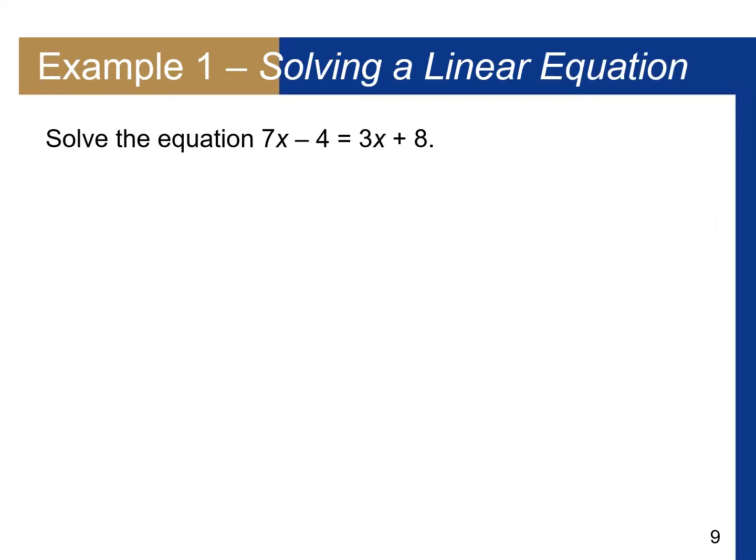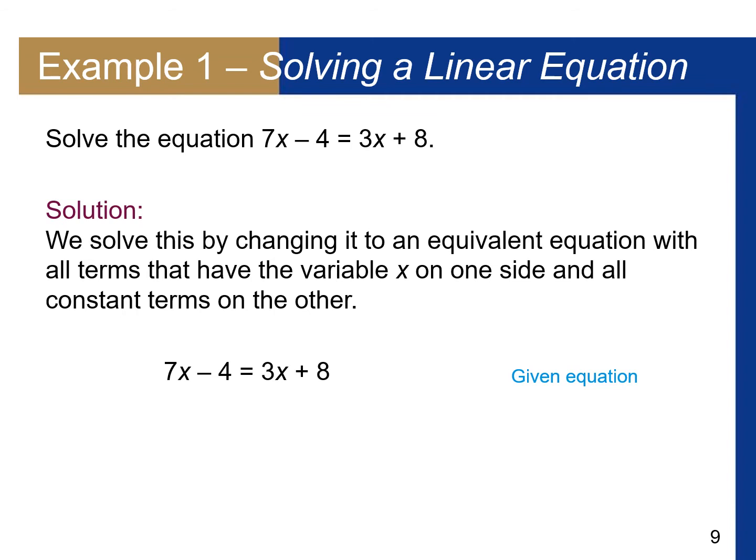Okay, so here we have 7x minus 4 equals 3x plus 8. We see that x to the first is the highest exponent on both sides. We are going to add 4 to each side. Now, I could have subtracted 8 from each side as well, but we decided to add 4 to both sides in this problem.